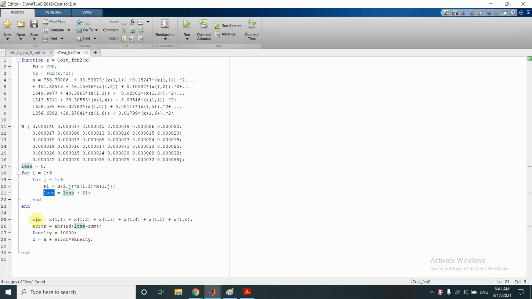Then here we would take the sum of all the generations, because it may be the case that generation may not exactly match the demand.